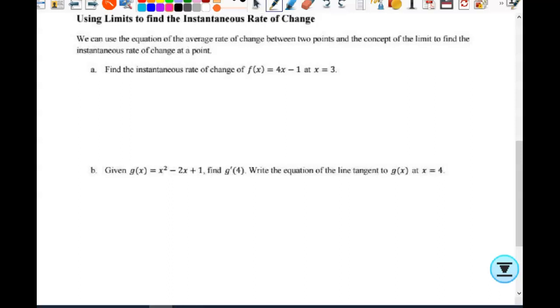All right, so our slope is going to equal the limit as x approaches 3 of f of x minus f of 3 over x minus 3.